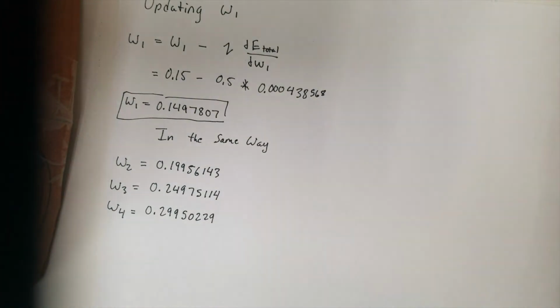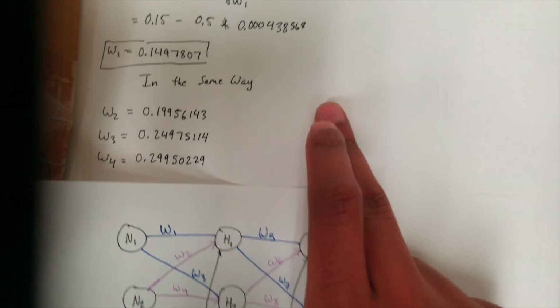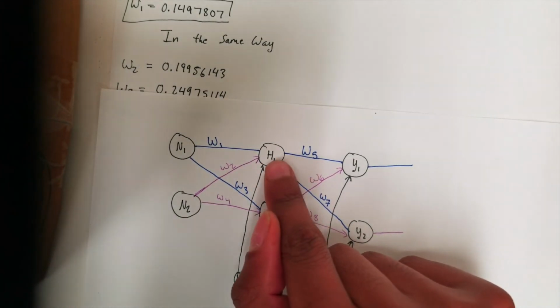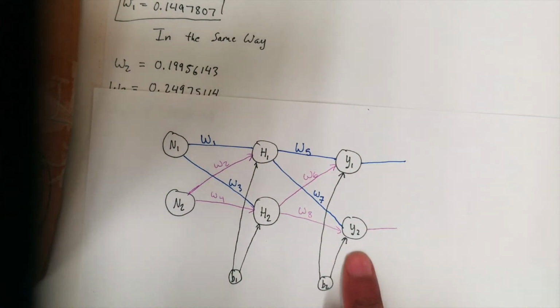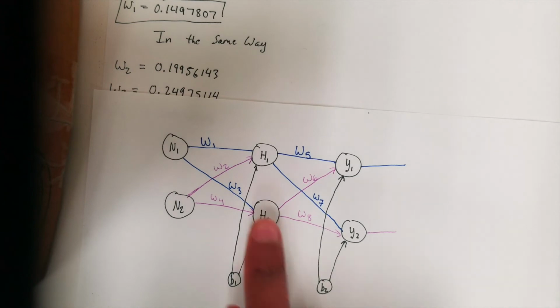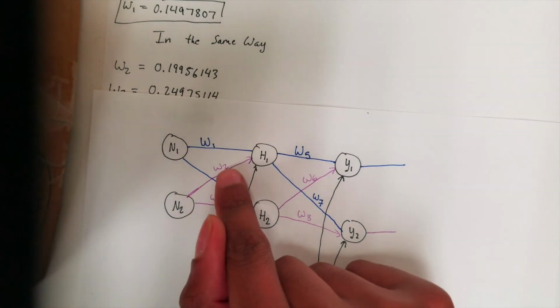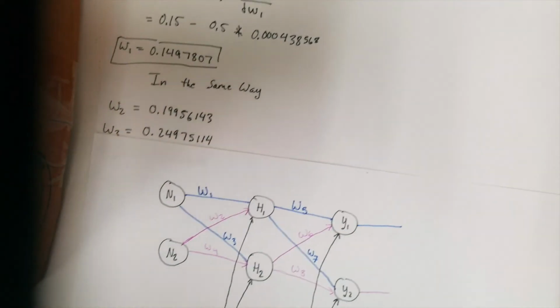And to show you again how it would look for weight 2, what we would do is first, we would have to find the contribution of H1 to both Y1 and Y2, which we actually did in the previous step. So really all we would have to do is find weight 2's contribution to H1, which would be N2.